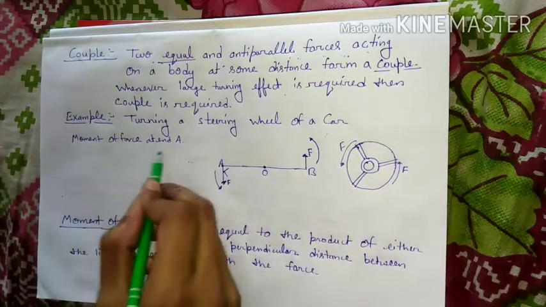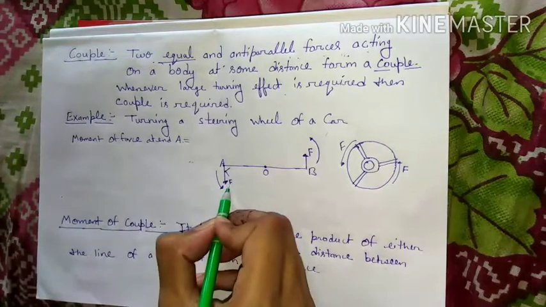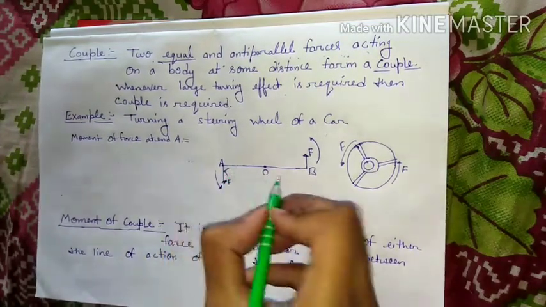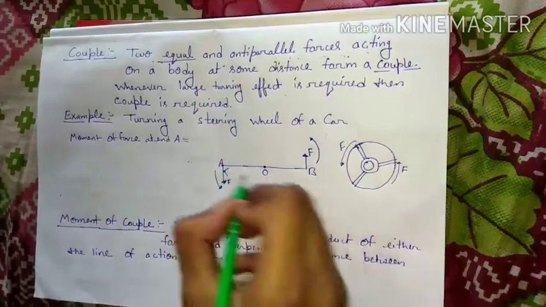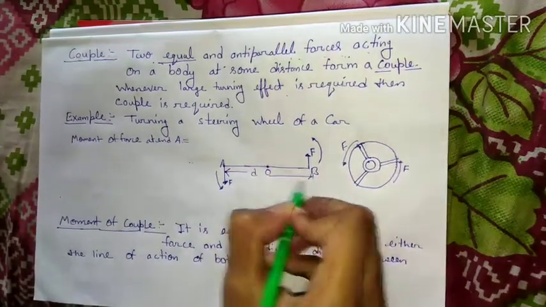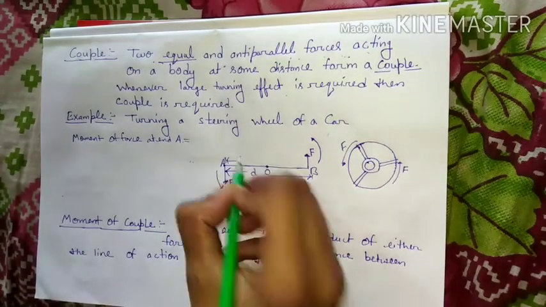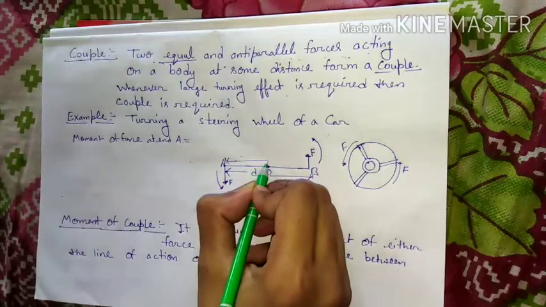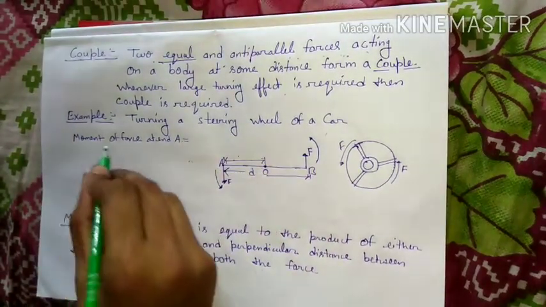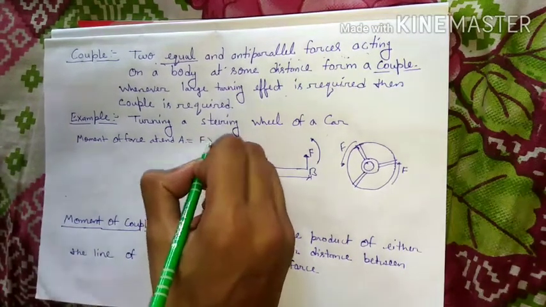Then the moment of force at end A will equal the force applied and the distance from the line of axis. If the total distance of the rod from A to B is D, then the distance from A to O should be D by 2, or OA. So moment of force at end A will equal F into OA.